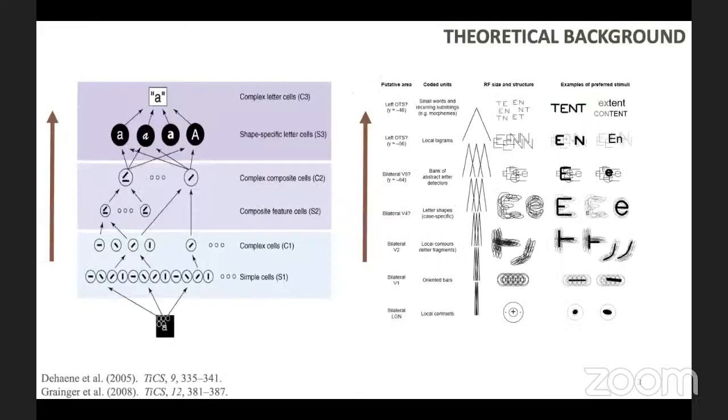And importantly, this fact is explained by influential hierarchical neural models of visual letter and word recognition that assume that potentially irrelevant parameters such as font, size, case, or ink are lost when mapping the visual input into abstract letter representations.